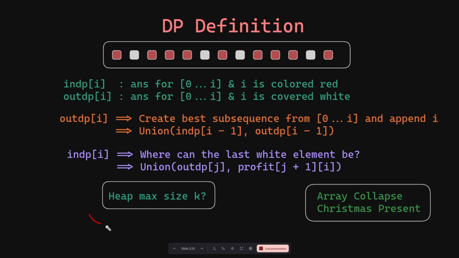So we can use a heap with size at max k, and as soon as the size of the heap grows to more than k, we will remove the smallest element of that max heap. So in this manner, we will ensure that in dp and out dp will represent max heaps whose size will never grow to more than k.